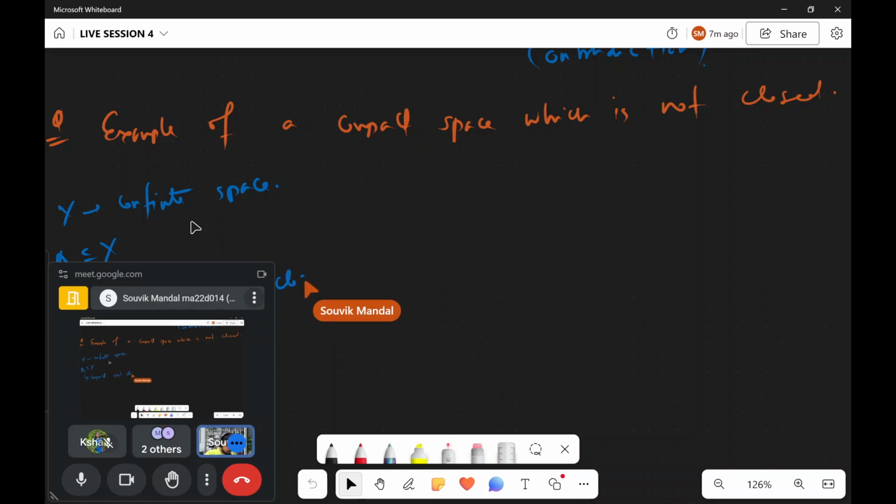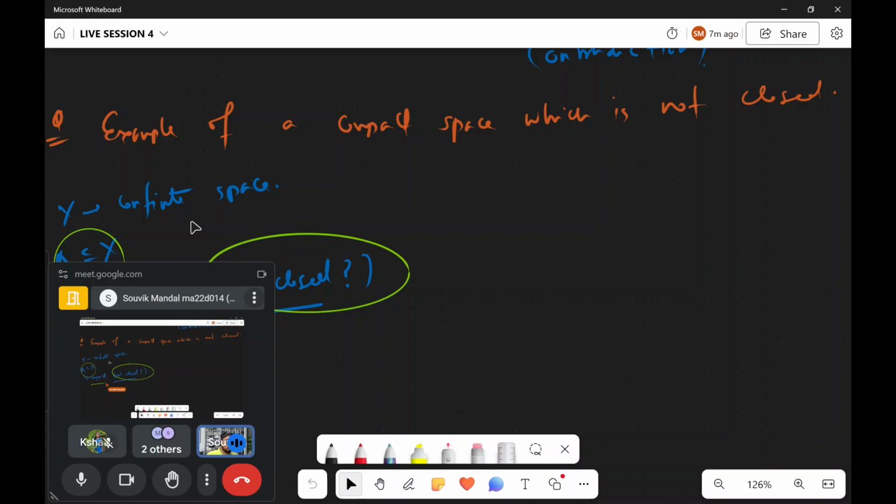Why? You also need to verify this: you need to provide an example of a compact space which is not closed. So, as for your example, if you modify it mathematically, we choose some subspace A of capital X that is compact, but now we need to argue that it is not closed. So of course some modification is needed.